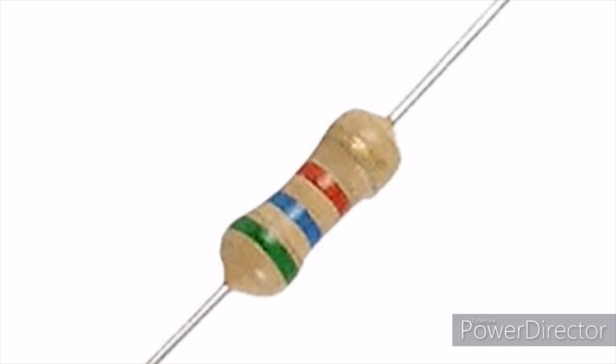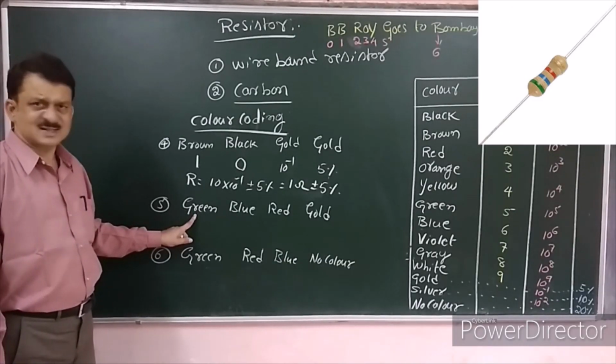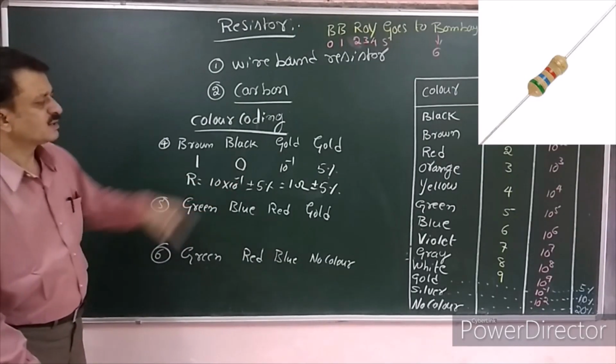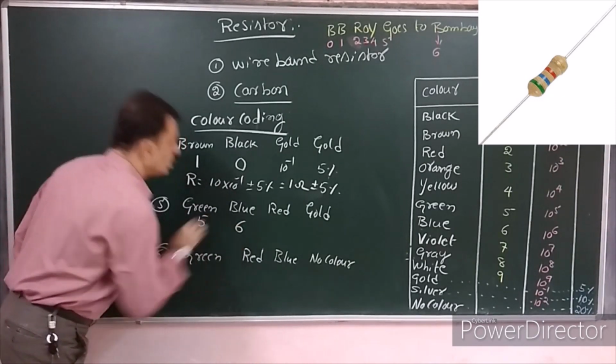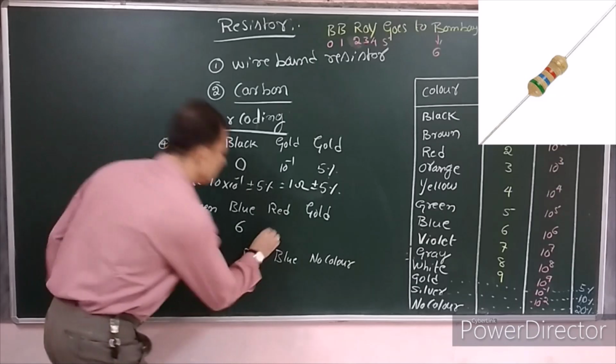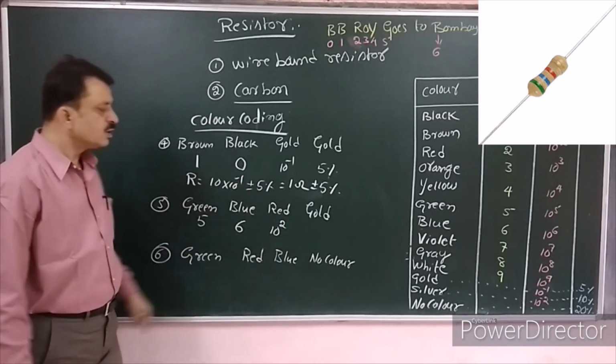Now the next one. First band is green. For green, the value is 5. Blue, it is 6. And red, it is the decimal multiplier, 10 to the power of plus 2.